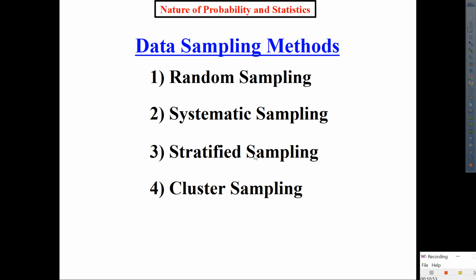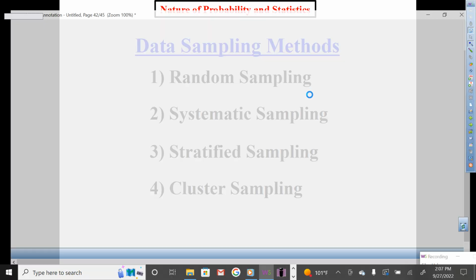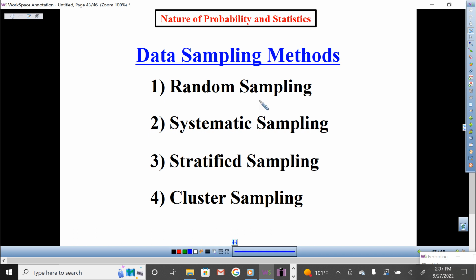All right, so here we go. Random sampling. This is probably the easiest one that I can think of, as follows. Let's say Mr. Apodaca wanted to give a survey here on campus.